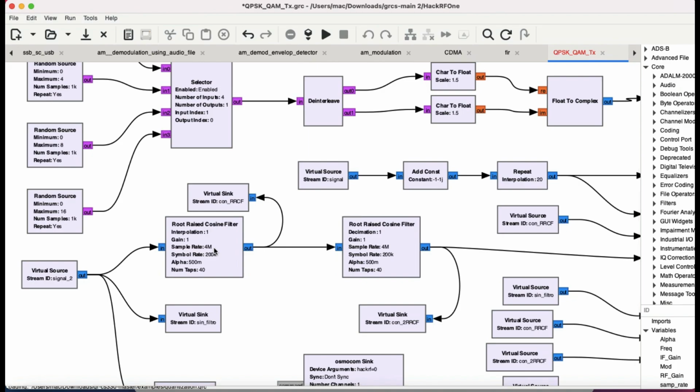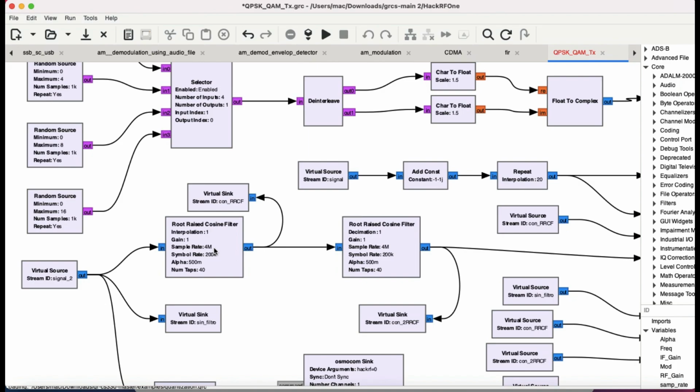Why? Because I use this to reduce ISI, inter-symbol interference, between your signal, because you will see the spectrum and then you will know what I mean with respect to ISI.